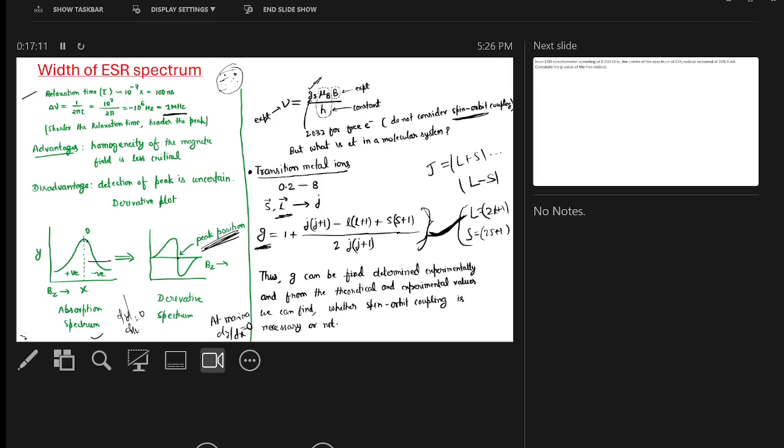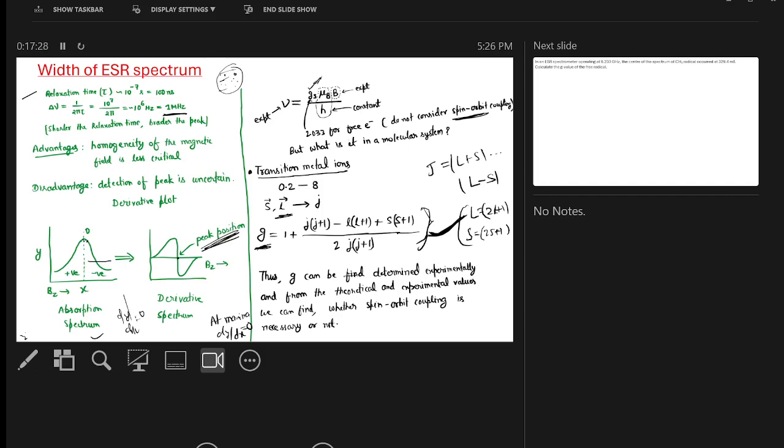If your g value is different from this free electron value, then you can say whether spin orbit coupling is necessary or not.